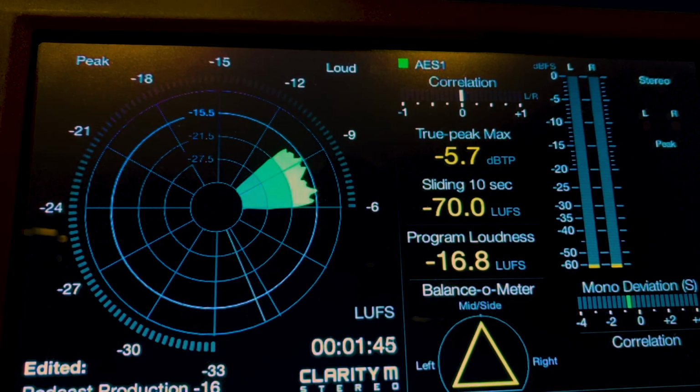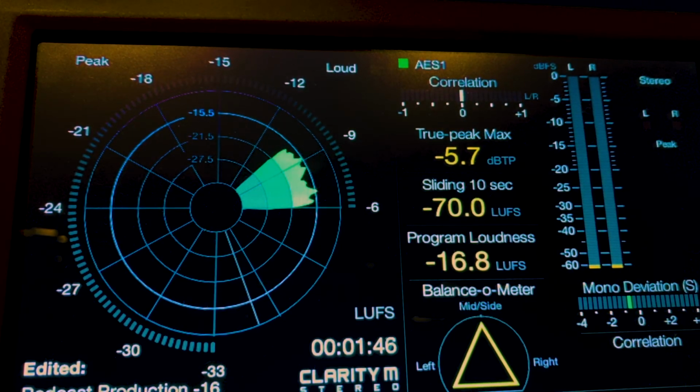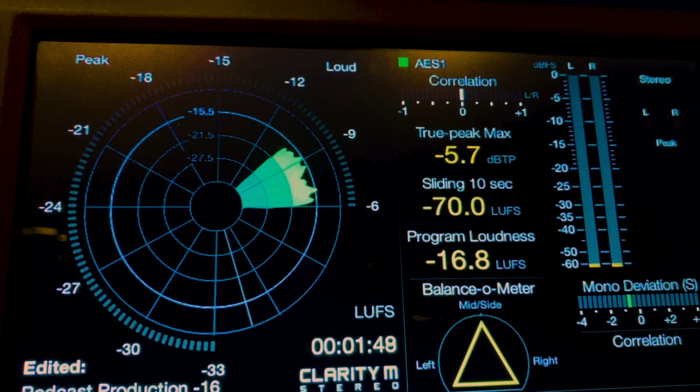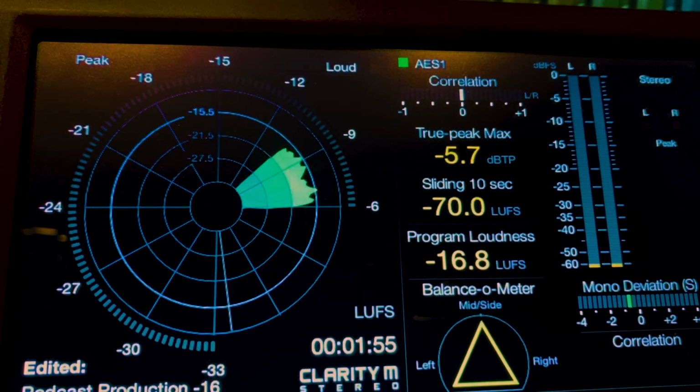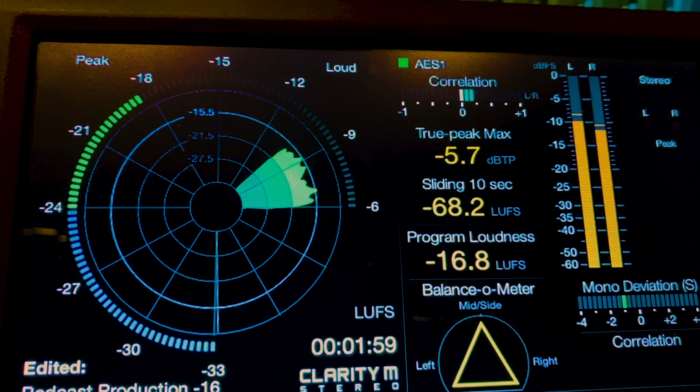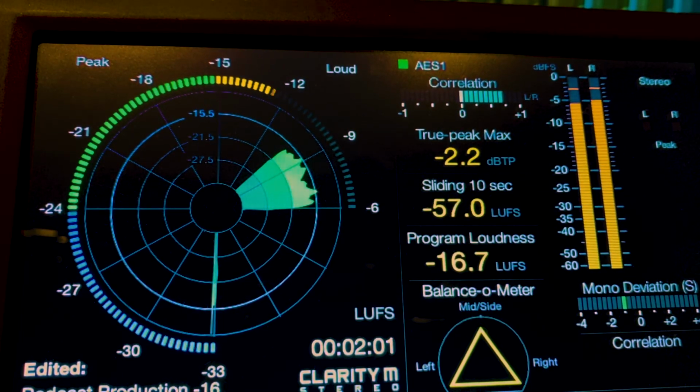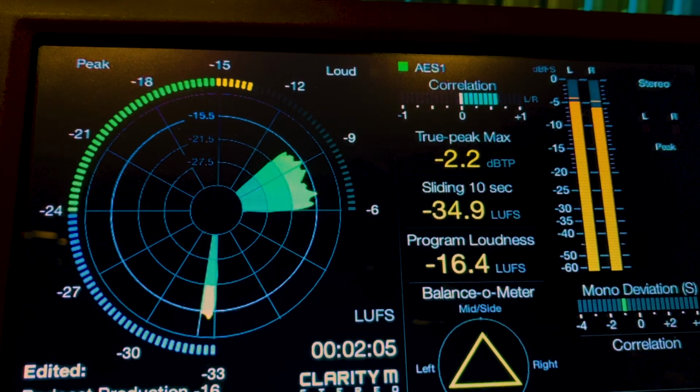We want to see that in big sections of songs living in the minus 16 to minus 14 range. So I'm going to hit play here again. You can see that it is going to increase here. It's going to take it a second.